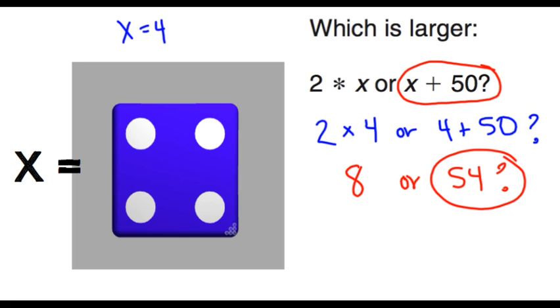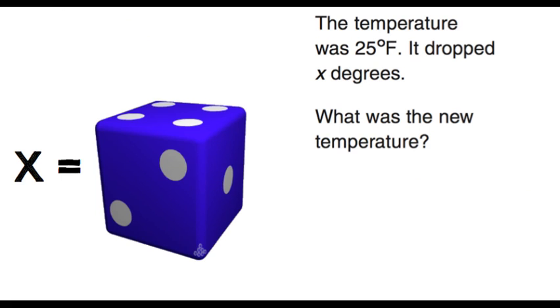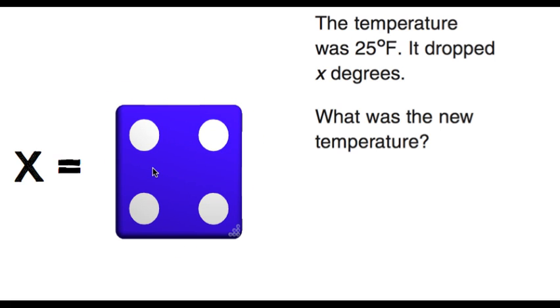Let's try another one. All right, so first let's roll the dice so that we know what x is. This time, again, x is going to equal 4. The temperature was 25 degrees Fahrenheit. It dropped x degrees. What was the new temperature? So again, anytime we see x, we're going to replace it with the value 4. So I'm going to cross x out and put a 4 there, and let's reread this.